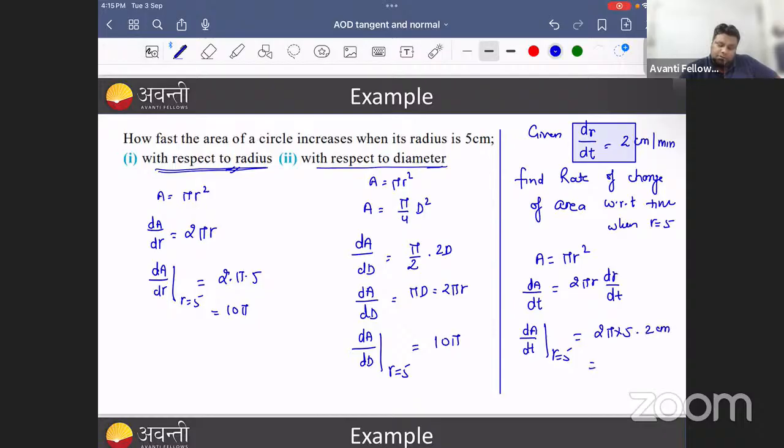Got it? So what will be the final answer? It's 20 pi centimeter square per minute. So this is the rate of change of area with respect to time. Got it, everybody?